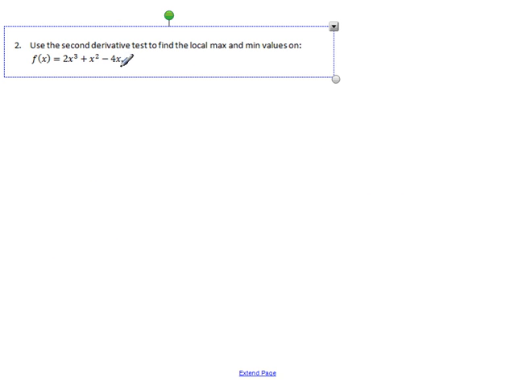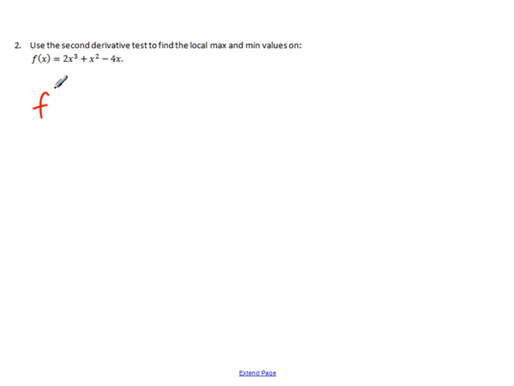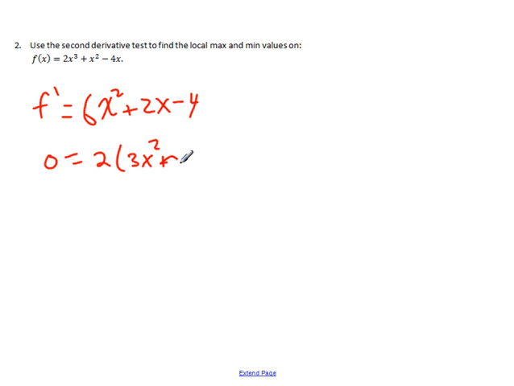The next problem says use a second derivative test to find the local max and min values. So for the second derivative test, we find our first derivative and we're going to set this equal to 0. When we set it equal to 0, let's also factor out a 2. And now we're left with a medium hard factoring problem.